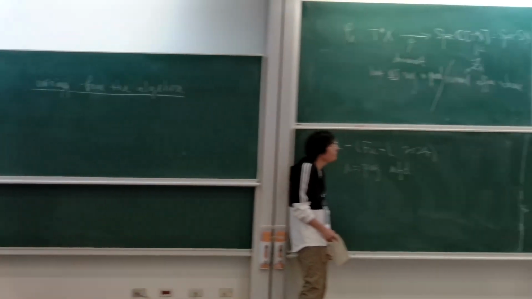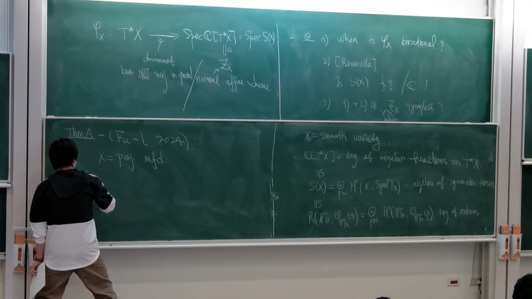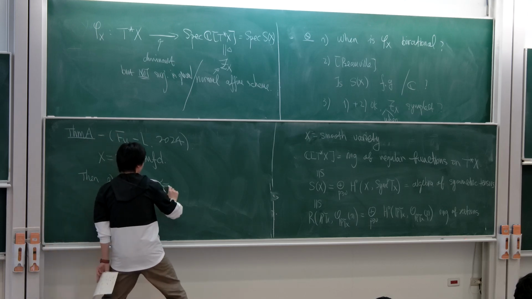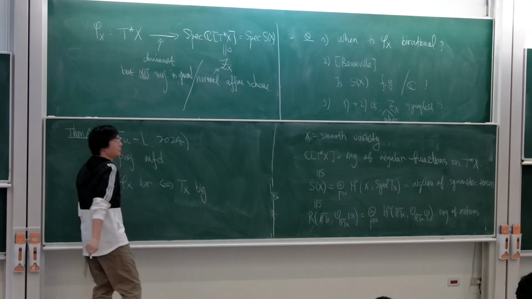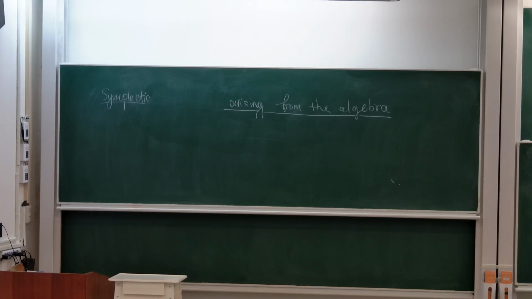We can answer when this map is birational. This map is birational if and only if the tangent bundle of x is so-called big. This just means that the tautological bundle of the projectivization of T x is a big line bundle.